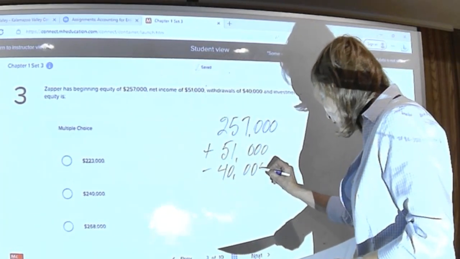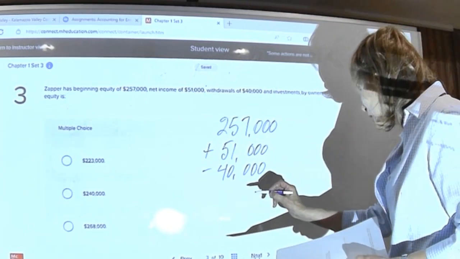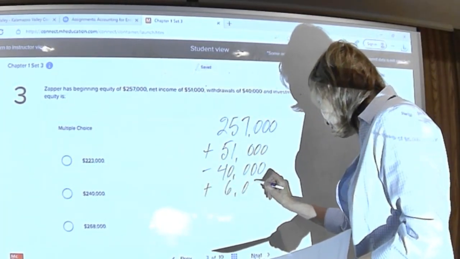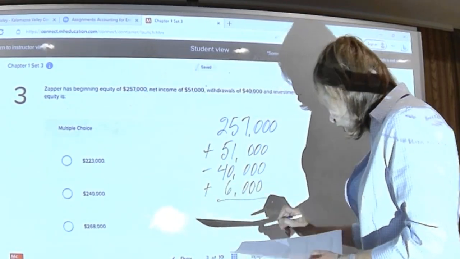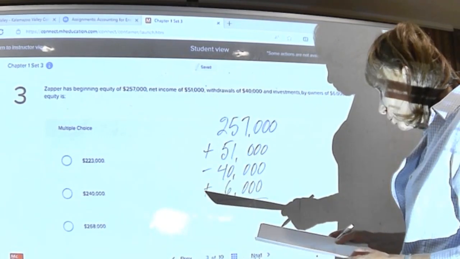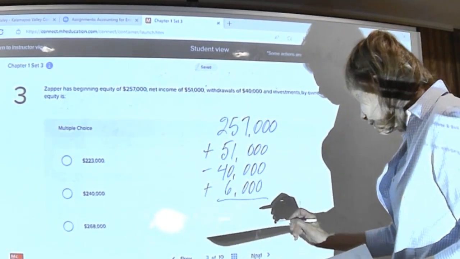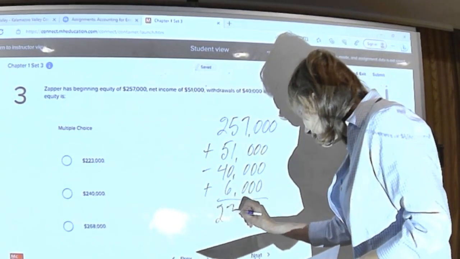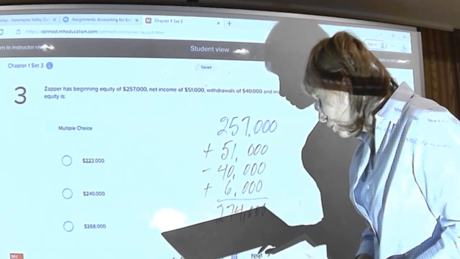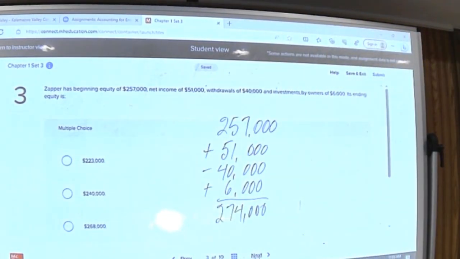Owner took some money out of the business for his own use, and then we have some investment by the owner. That's a plus of 6,000. Okay. If we net those numbers out, we should get to 274,000. I don't see that number on the screen, but let's scroll down and see if we can find 274,000.